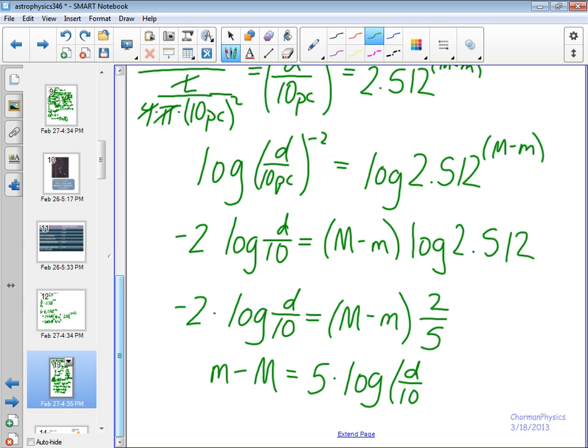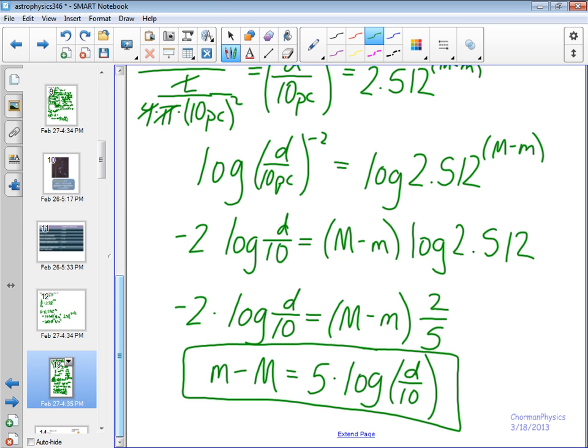A little bit more fun math is going to yield the following. And this is our equation that relates distance, apparent magnitude, and absolute magnitude.